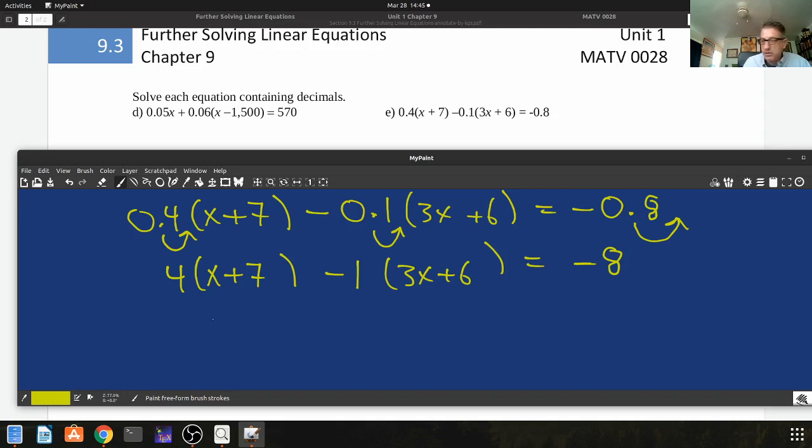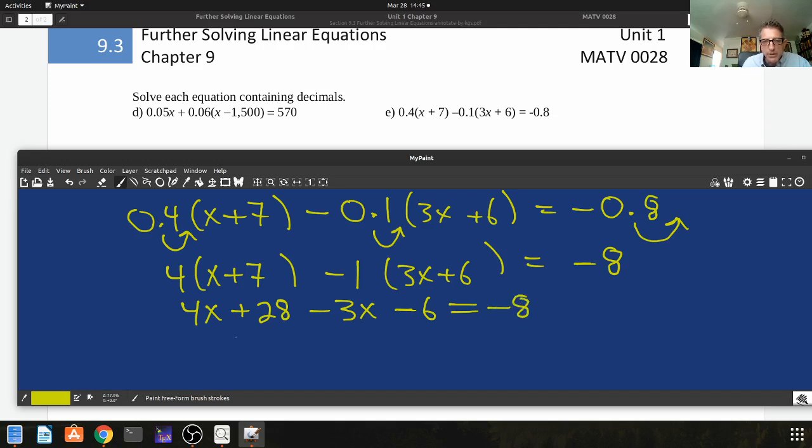So now it's just distribution. 4 times x is 4x. 4 times 7 is 28. Minus 1 times 3x is minus 3x. And minus 1 times 6 is minus 6. All of that is equal to minus 8.